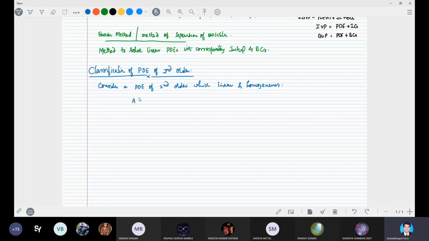say, A into dou square u by dou x square plus B into dou square u by dou x dou y plus C into dou square u by dou y square plus D into dou u by dou x plus E into dou u by dou y plus F into u is equal to 0, where u is a function of x comma y, where x comma y are the independent variables.